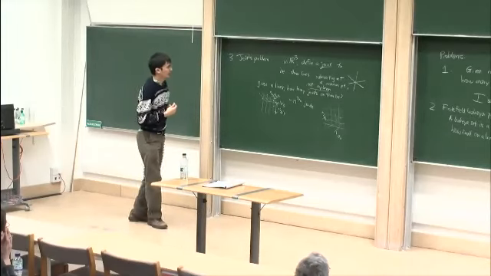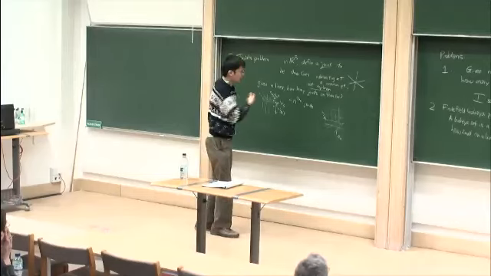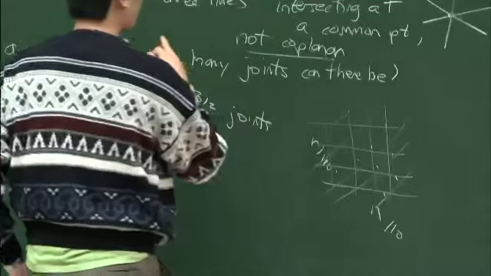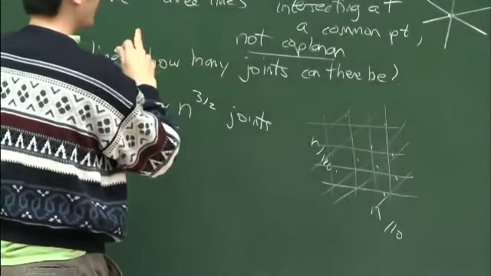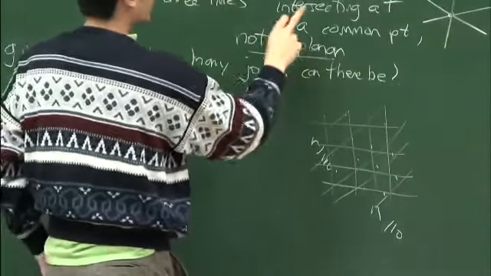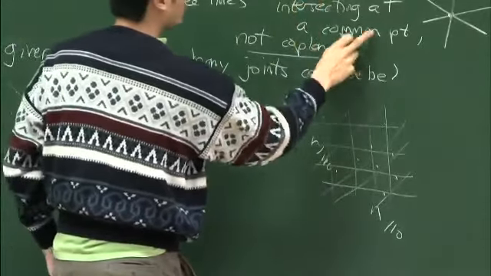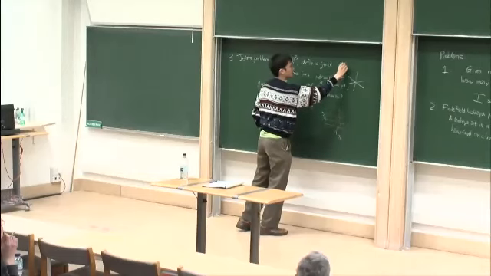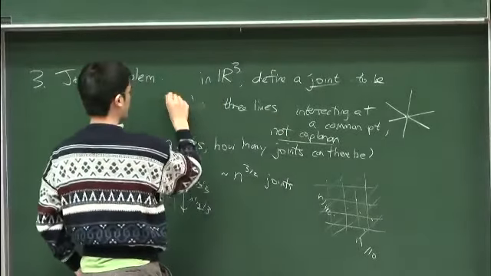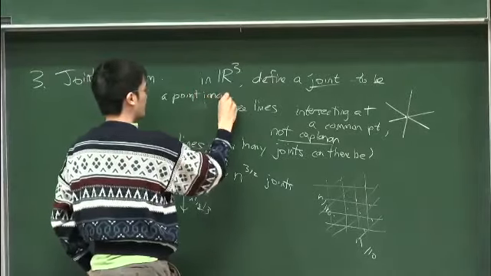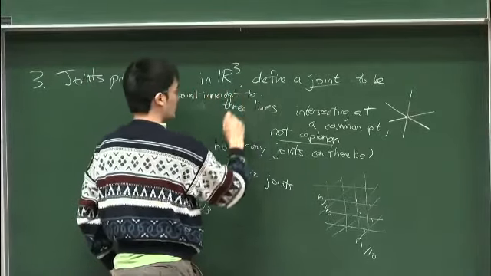So how many joints can there be? This is the joints problem. Actually, I think I didn't quite state this correctly, I'm sorry. A joint is actually not the 3 lines. A joint is the common point. Sorry, this is not correct. A joint is a point incident to 3 non-coplanar lines.